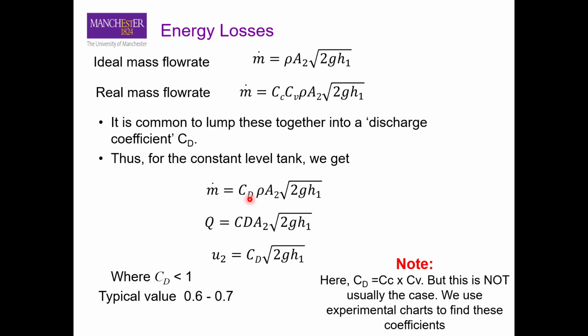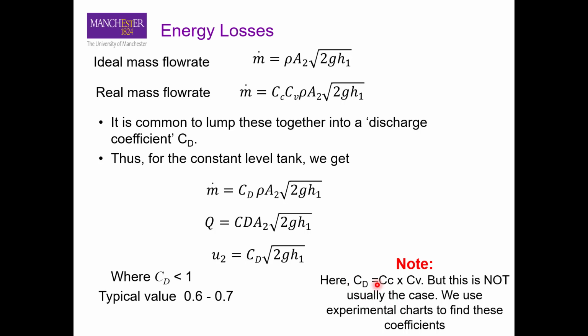So CD is equivalent to the multiplication of CV and CC. Although it seems like this is the multiplication, it is not entirely true, because CD can be different from the multiplication of these two coefficients. But in most cases, they are like that.